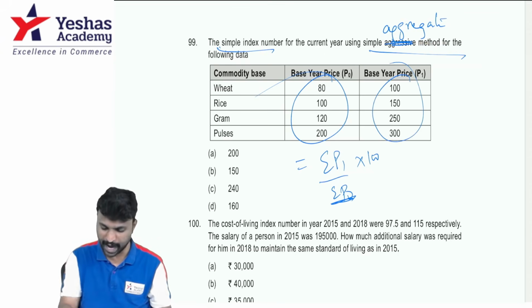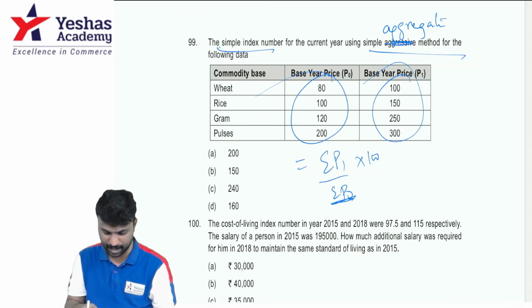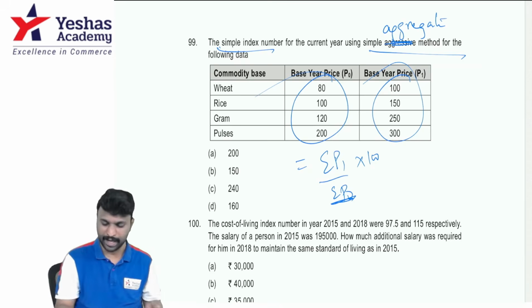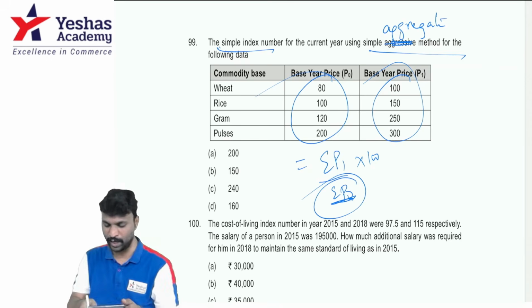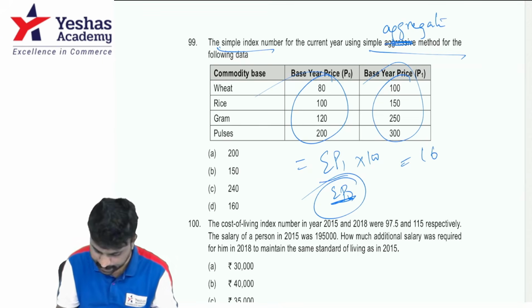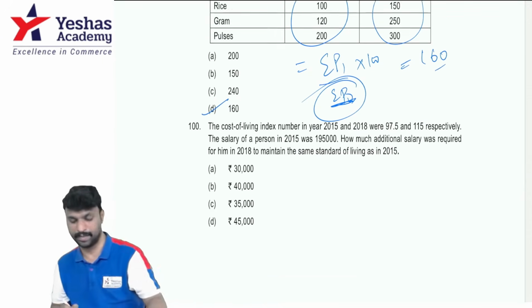Then numerator, add all the current year prices. 100 plus 150 plus 250 plus 300 divided by, denominator is in memory. How do I recall? By pressing MRC into 100. That fetches me 160. Option D is the right answer.